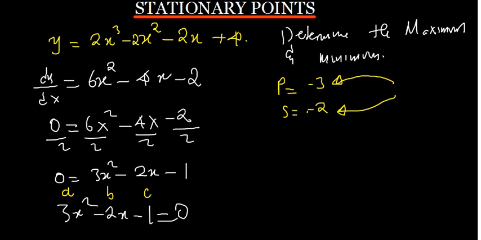Okay. So it should be positive 1 and negative 3. 1 times negative 3 will get negative 3. 1 minus 3, you are going to get negative 2. Okay, so those are the two numbers.